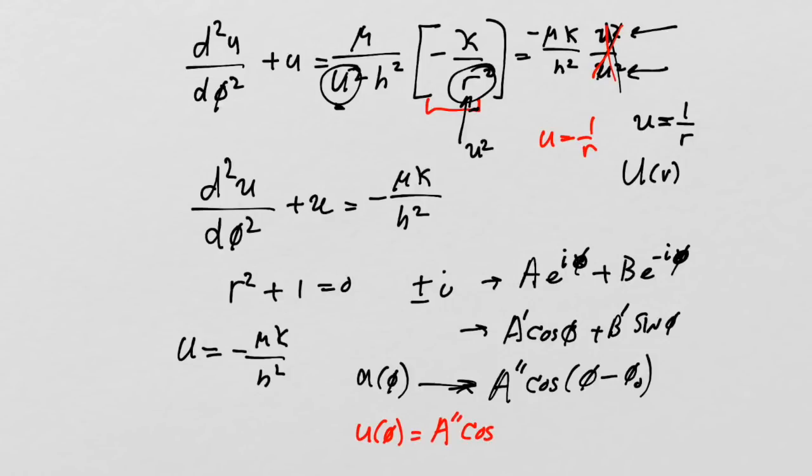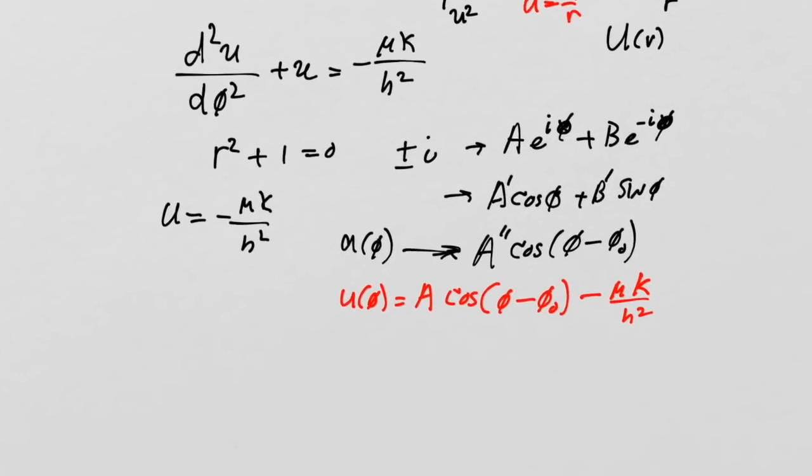You know what, I'm going to get rid of the double prime, just because I only used it to distinguish these from each other, but now I'm just going to rename it cosine of phi minus phi 0. Let's see, I guess the way I should do this is minus mu kappa over h squared, right?